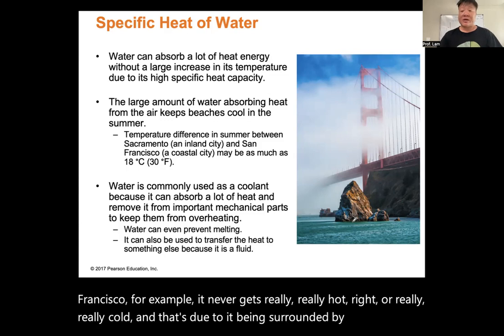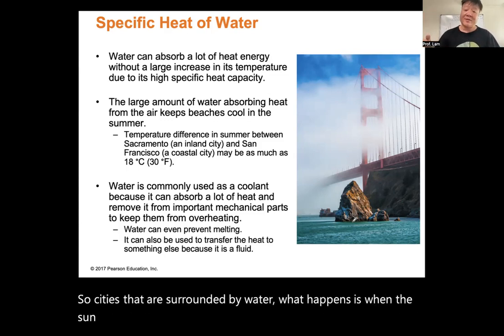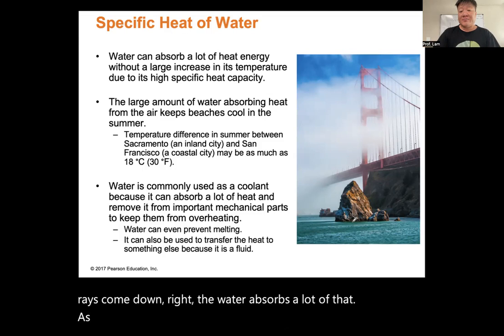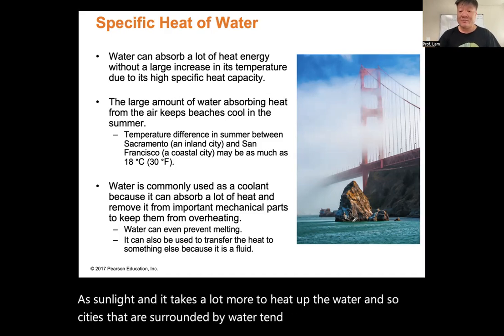So with cities that are surrounded by water, when the rays come down, the water absorbs a lot of that sunlight, and it takes a lot more to heat up the water. And so cities that are surrounded by water tend to stay cooler, right?